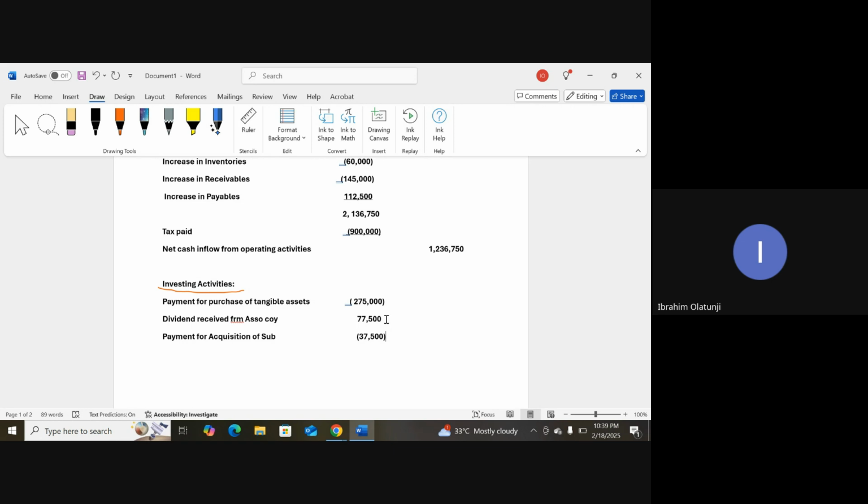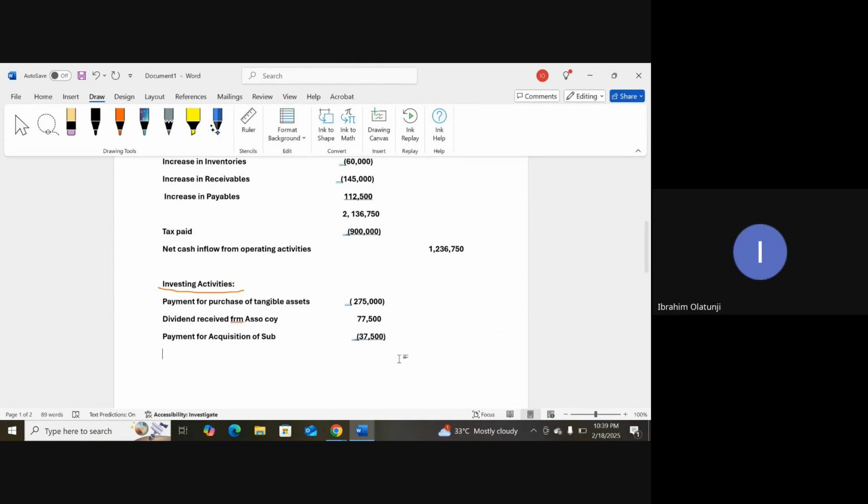What other thing did I mention? I said sale proceeds. Is there any disposal of assets? If there is disposal of assets, then we are going to consider that part of our investing activities. But if there is no disposal of assets, then we can cast it. Let's check now.